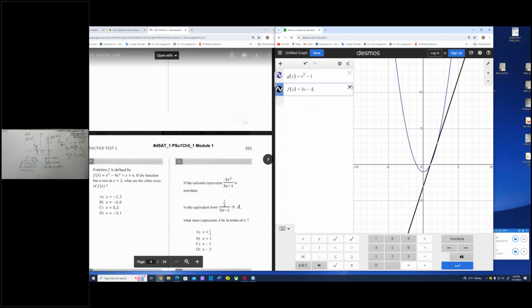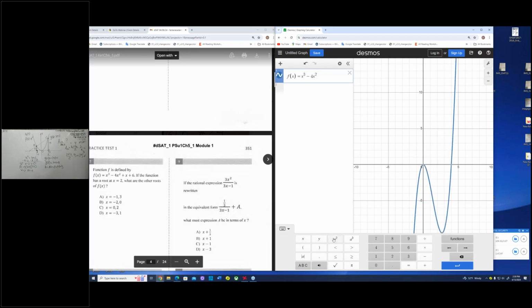You have a function f of x equals x cubed minus 4x to the second plus x and plus 6.